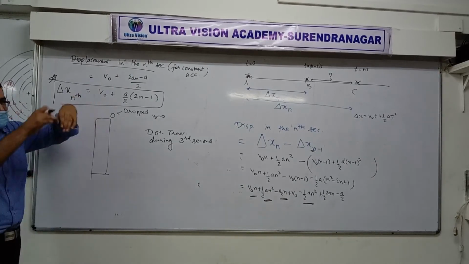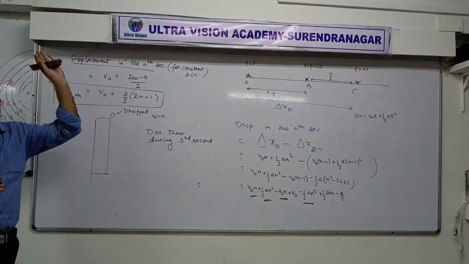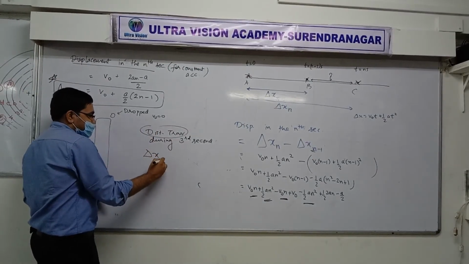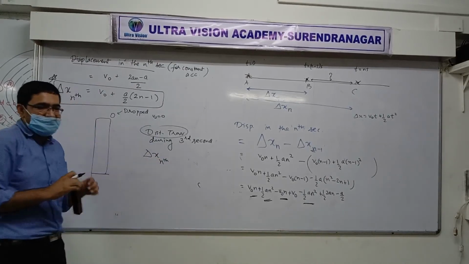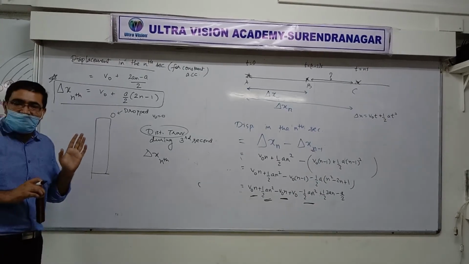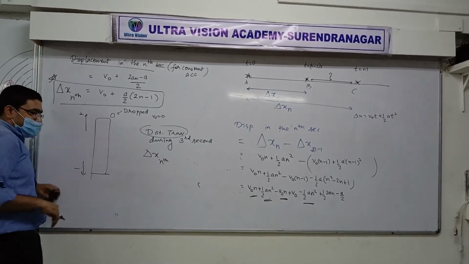If you drop a ball, will it move in a straight line without changing direction? Yes. So instead of finding distance traveled, even if you find displacement in the nth second, the answer holds, because if direction does not change, then displacement and distance traveled will be the same. Downward is negative as usual, upwards positive.